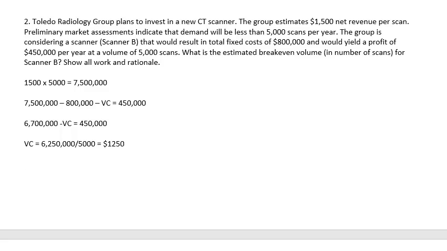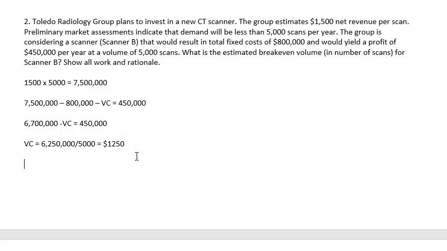I've covered both my fixed and variable costs. So that's the key there. When does that happen? It's a mystery because we don't know the number of scans. Remember, we're looking for the number of scans that gets us to that zero profit area.